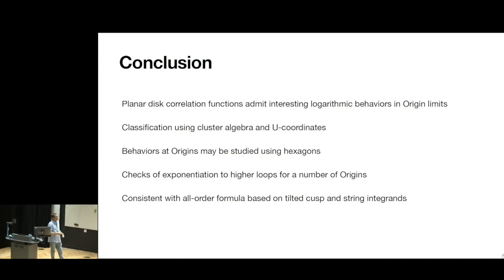And so the next step is to study how the correlation function behaves in this limit, and in particular in all these origins. So for what we can say, what we are seeing is consistent with scattering amplitude behavior. We do get this nice exponentiation and quadratic in log behavior. And it is also consistent with an all-order formula.